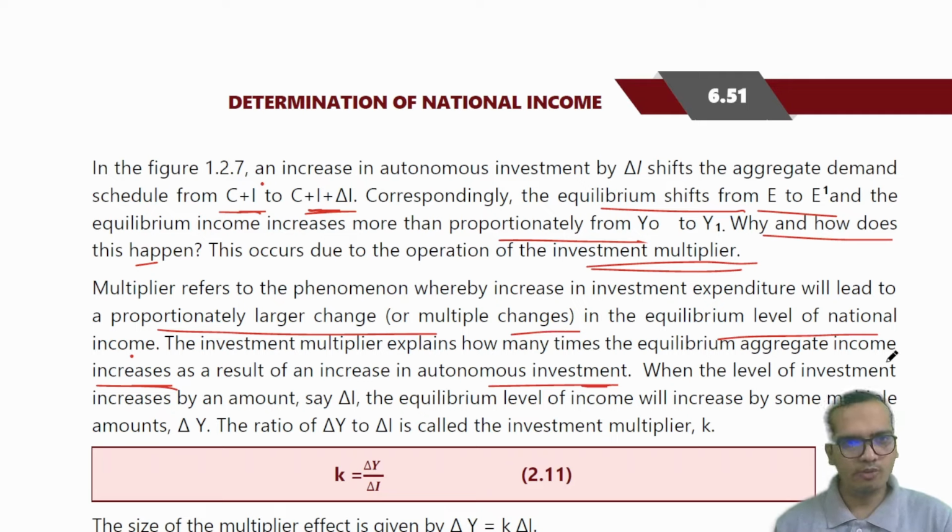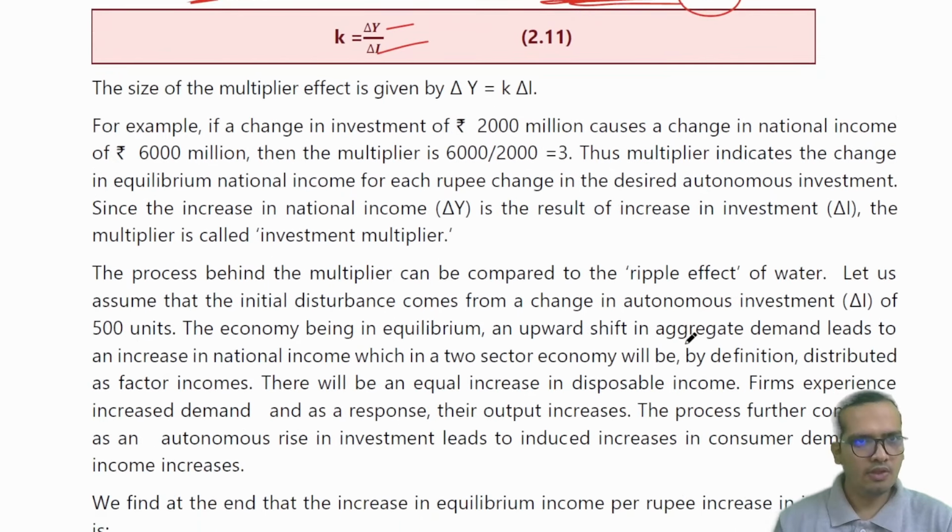When the level of investment increases by an amount, say delta I, the equilibrium level of income will increase by some multiple amount, that is delta Y. The ratio of delta Y to delta I is called the multiplier effect, also denoted by K. So we have the formula K equals delta Y divided by delta I. The size of the multiplier effect is given by delta Y equals K multiplied by delta I. So we have shifted the formula.